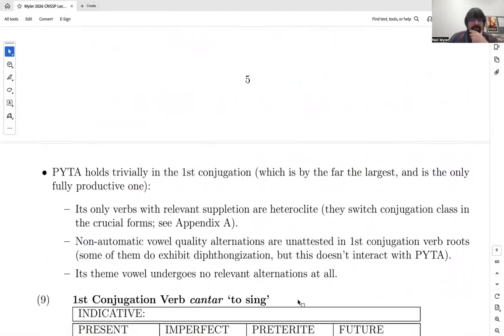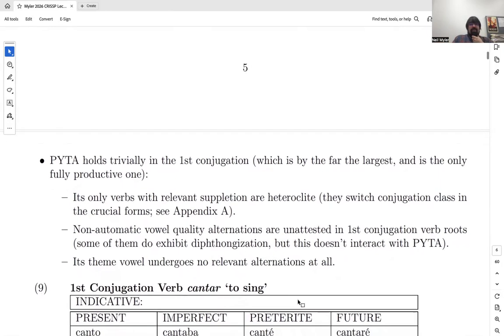Now, turning to PYTA again, it holds trivially in the first conjugation. The first conjugation is by far the largest, and it's the only fully productive one. Now, the only verbs in the first conjugation that have any relevant suppletion in them at all are heteroclite, which is to say that they switch conjugation class in the crucial forms.